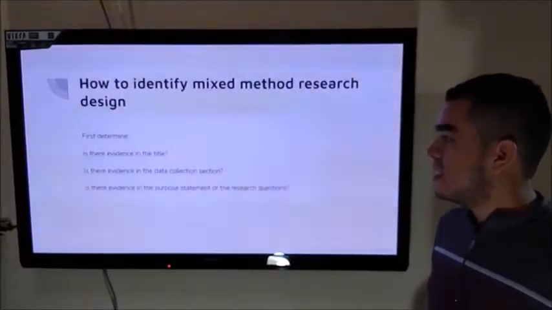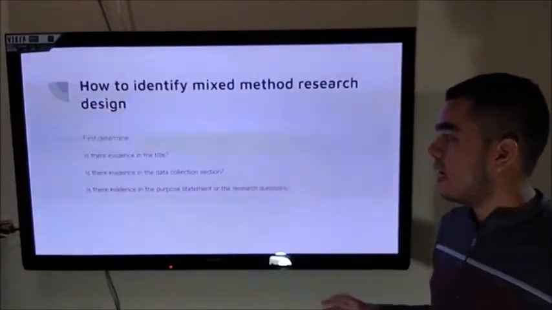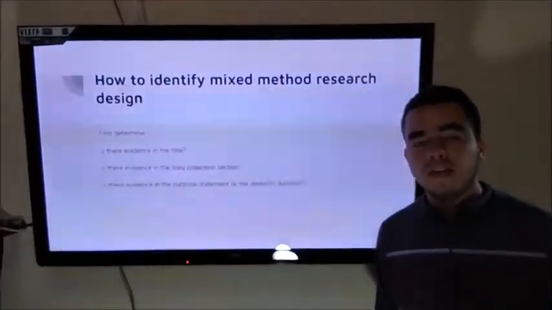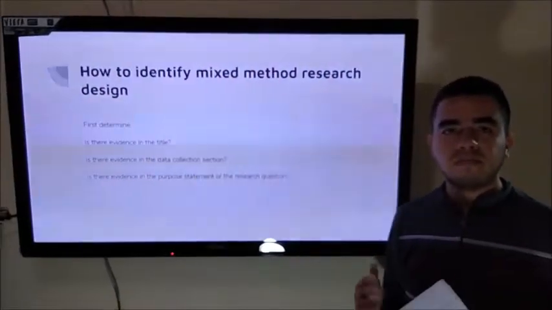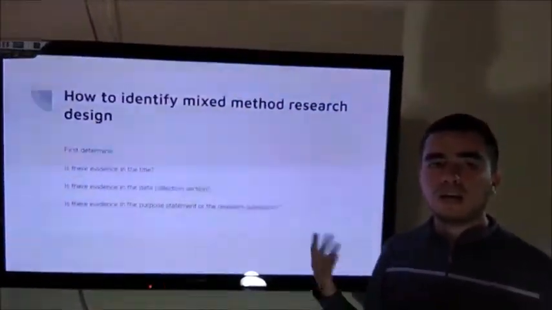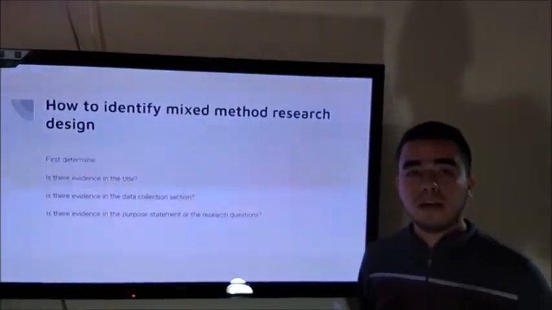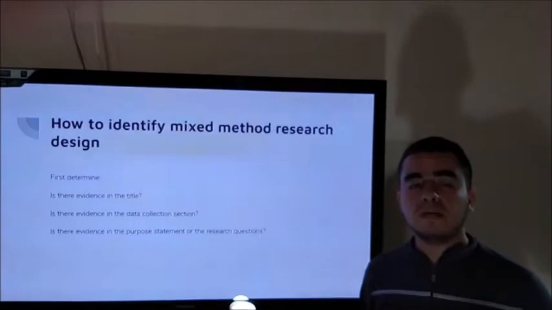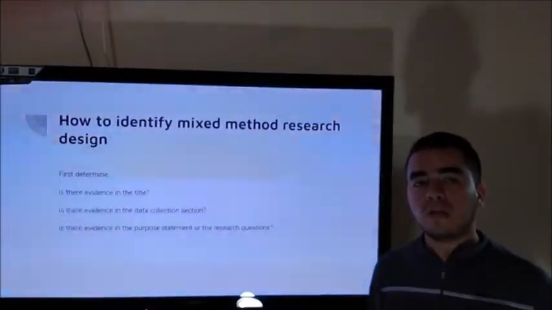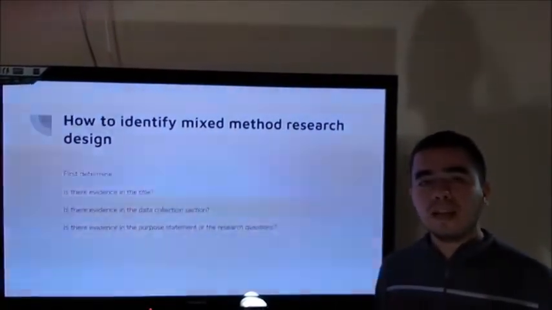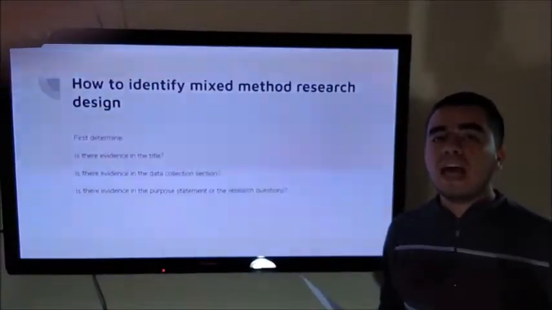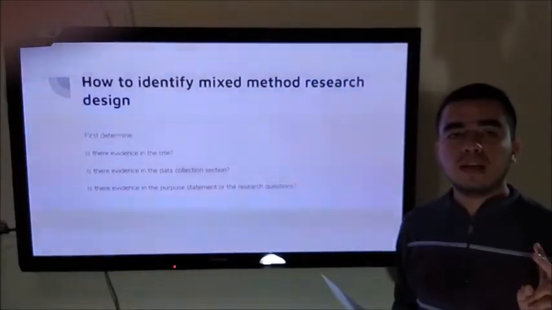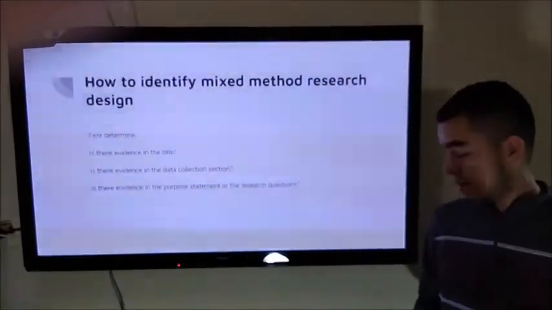Is there evidence in the data collection section? For example, if you see pictures, narratives, stories, diagrams, or tables with numbers, there is a difference between the section for the qualitative and the quantitative. If you see this, you immediately know you are facing a mixed method research design, because both qualitative and quantitative parts are present.